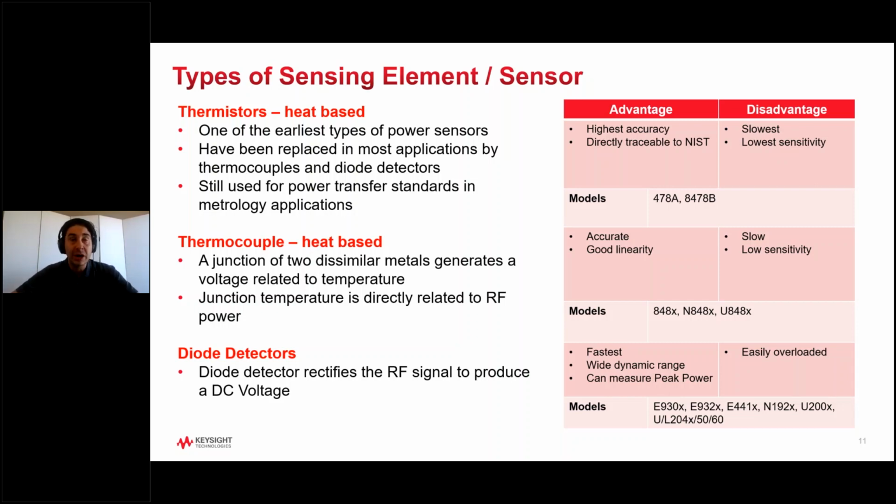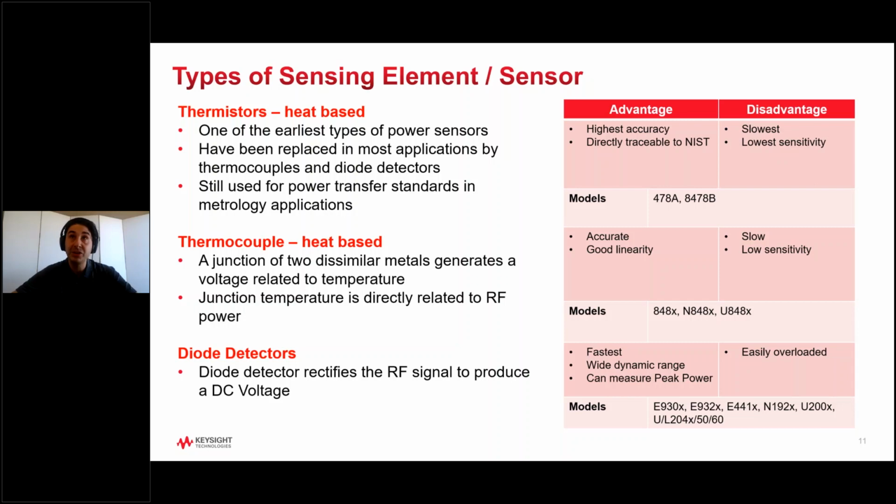Thermistors are a heat-based type of sensor. They're one of the earliest types by far, and they have been replaced in most applications by thermocouples and diode detectors. They are most regularly found in metrology labs where they're referencing power transfer standards.